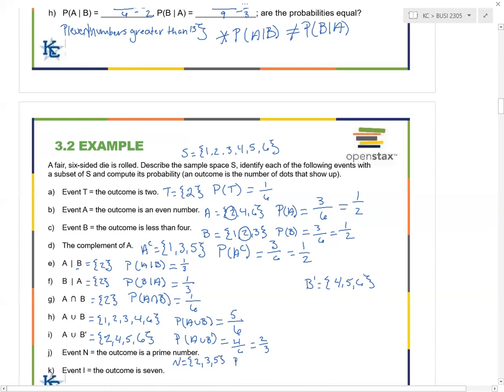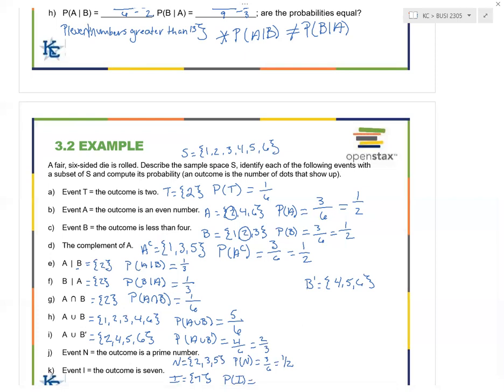And so the probability of getting a prime number when you roll a die is 3/6, or 1/2. Event I is the outcome is 7. So in this case, I equals 7. And the probability of getting a 7, well, we know there's not a 7 on a number die.